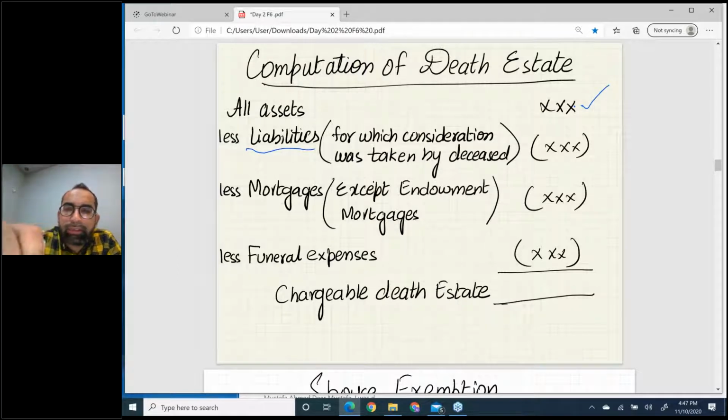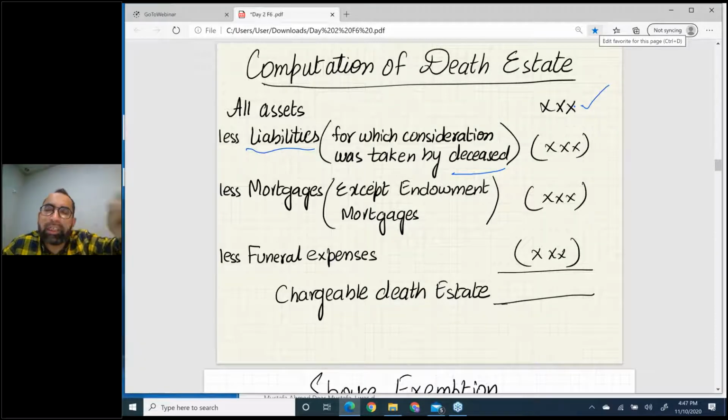Less liabilities for which consideration was taken by the deceased. Now, only those liabilities are allowed for which the deceased got benefit in his life. For example, the deceased, 1 week or 2 weeks before the death, went for shopping, and he used the credit card.